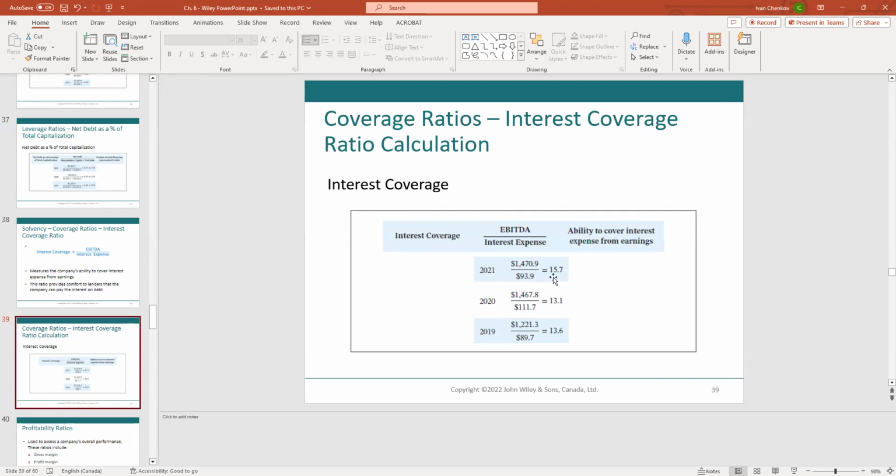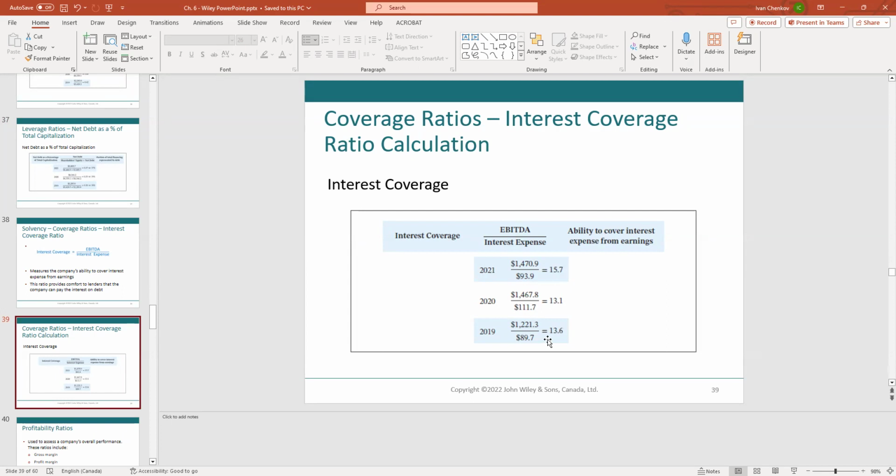That means 2 things. Either the debt is cheap, it's cheaper for us to borrow money than it was before. The other way we can interpret it is our operations are generating a higher percentage return than what we pay for the interest expense.